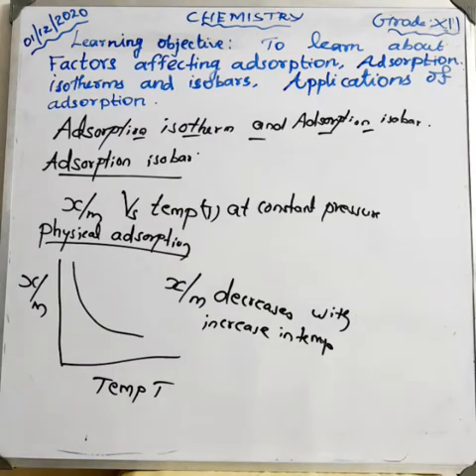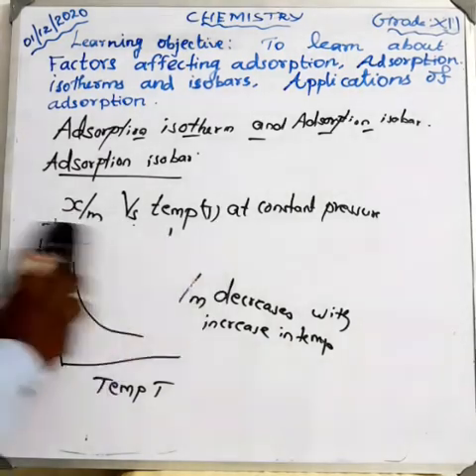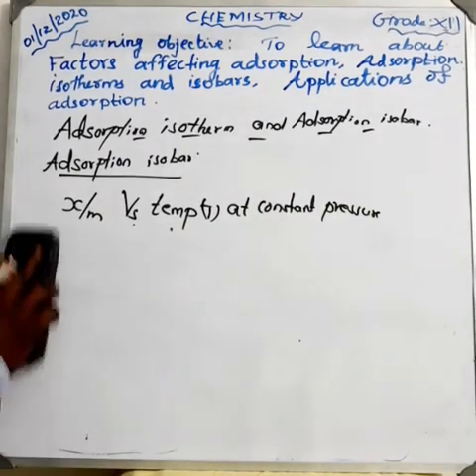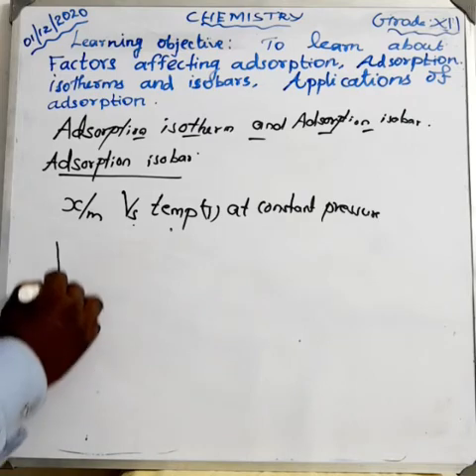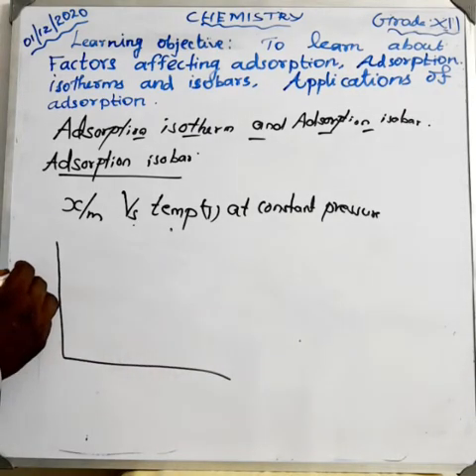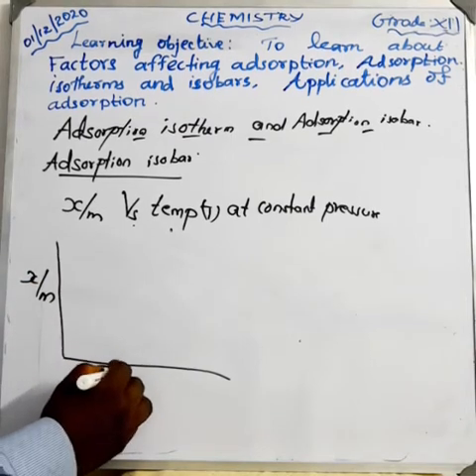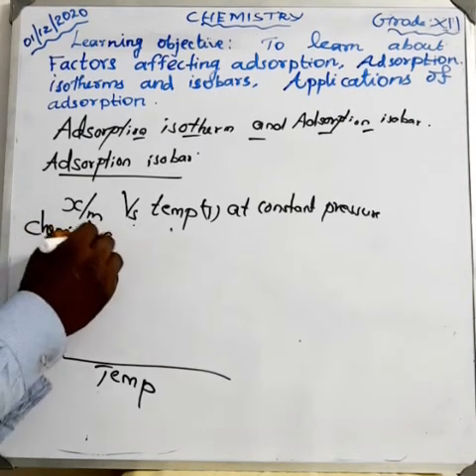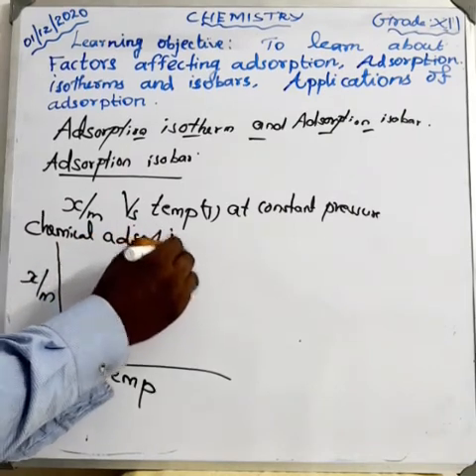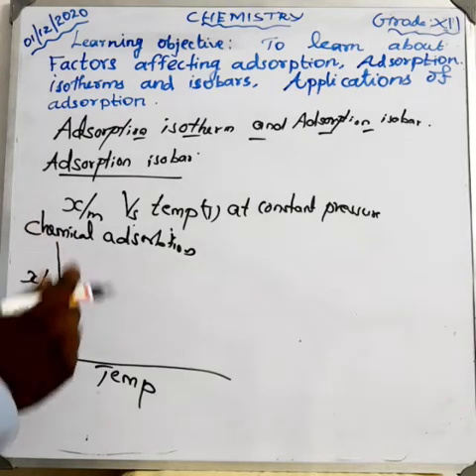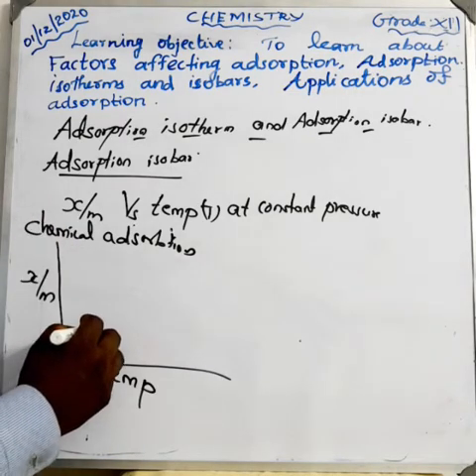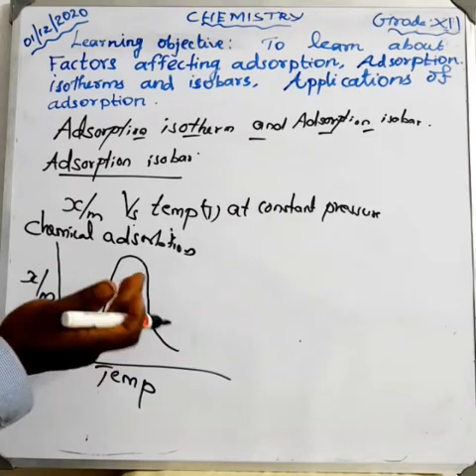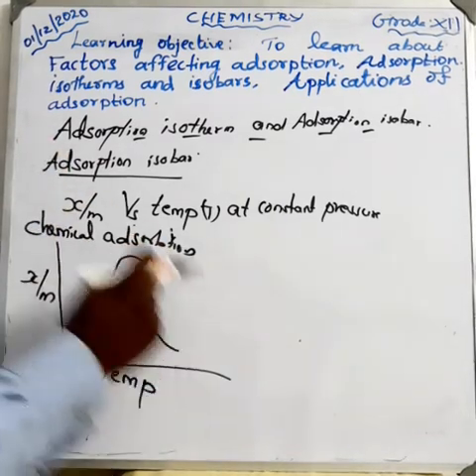Next, what about chemical adsorption? When we plot the amount of adsorption, x by m, against temperature for chemical adsorption, here x by m first increases with rising temperature, then decreases.